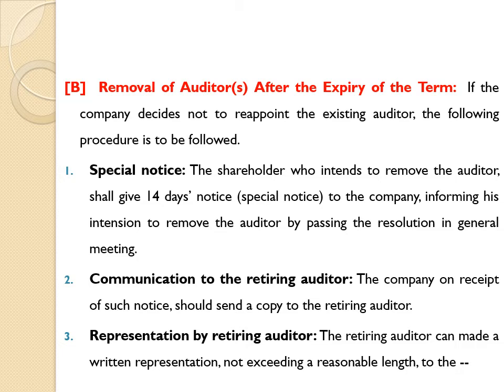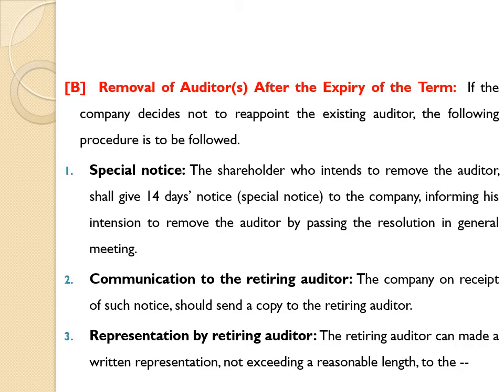In short, for removal of an auditor from his duties before expiry of his or their term, a procedure is laid down in the Companies Act that is summarized as: firstly, a company is required to pass a special resolution, then it is necessary to take approval from the central government within 30 days from the passing of the special resolution.